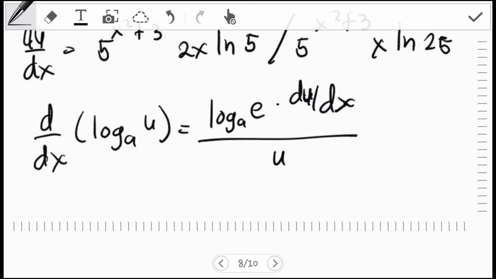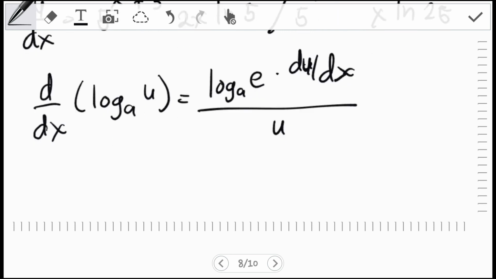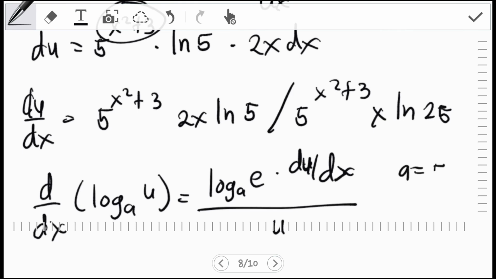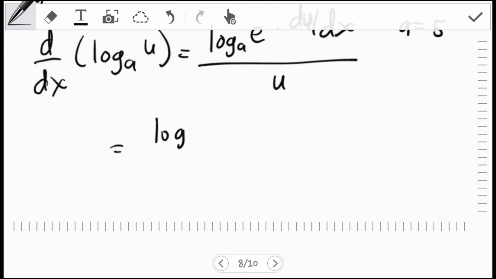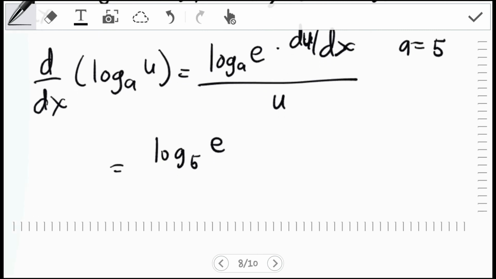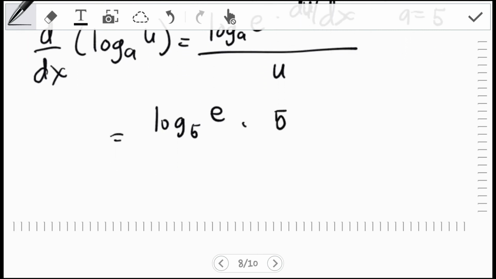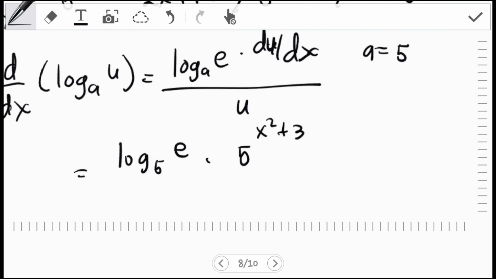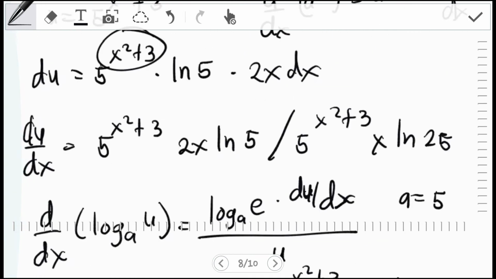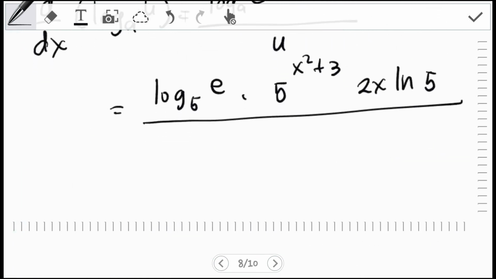This is also the formula for the differentiation of logarithmic functions. So take note that a here is 5. Log base 5 of e, so where du over dx, times 2x ln 5, over u, which is 5 to the power x squared plus 3.